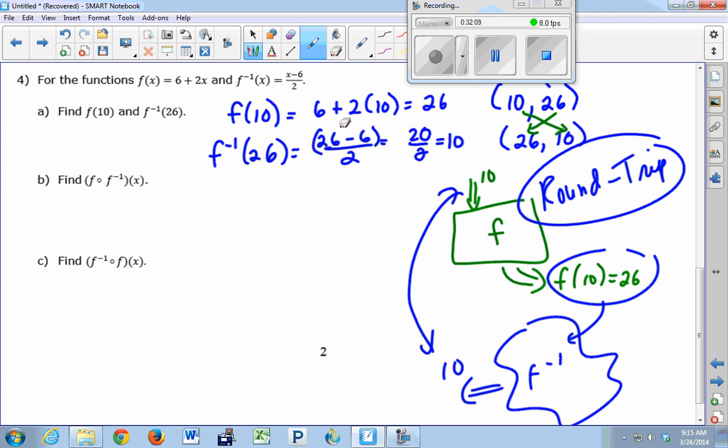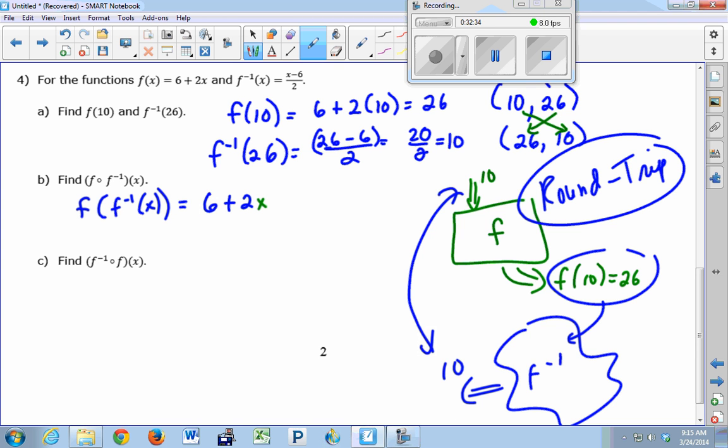Now we've just done that for a particular input and output. Let's do it generally, so let's do it for all x. Let's see how we would compose these two functions. This says f of f inverse of x. So in the f function, I'm going to put its inverse function. Everywhere I see an x in f, I'm going to put f inverse of x, in a different color so we can see it.